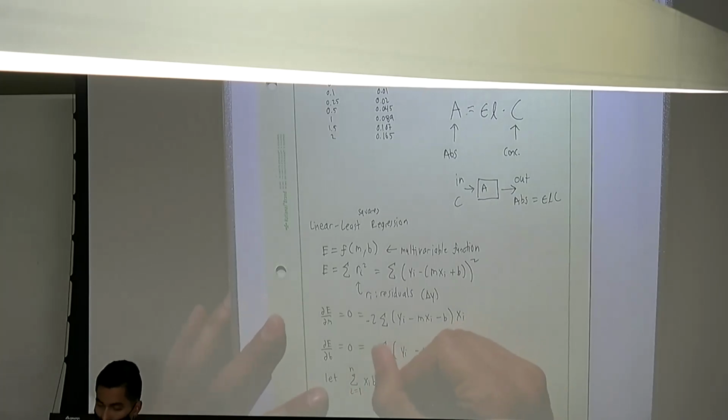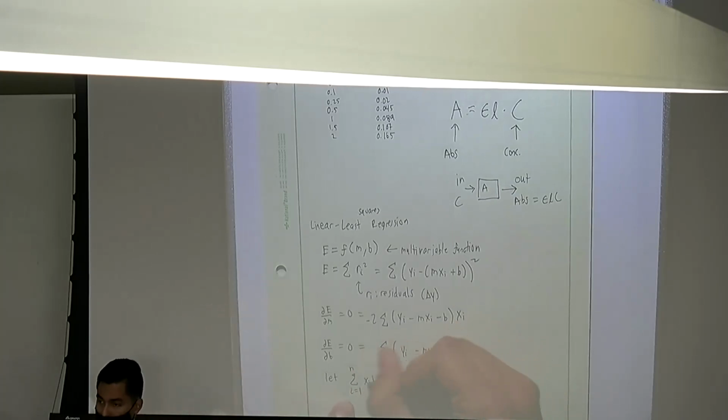So this is simply you're adding up all the terms, right? So in this case, this is just going to be n times b. This is just n times b.